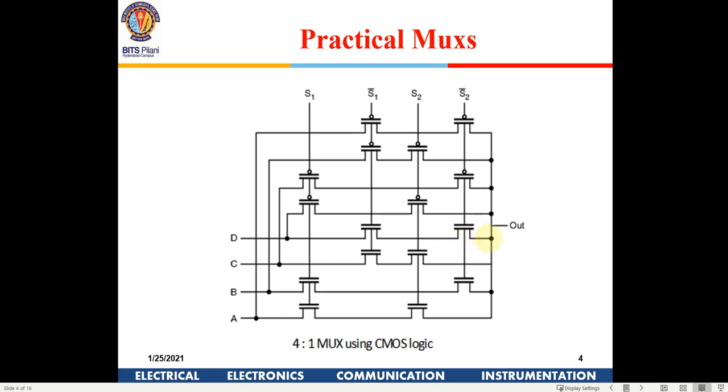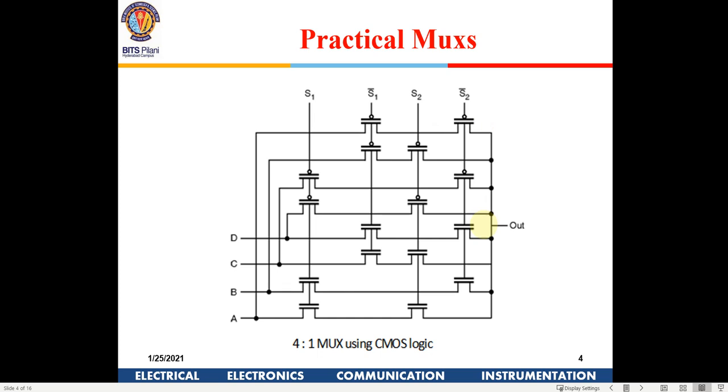If you see also, there is a parallel path out here for D, wherein from PMOS also, S1 is given here, and S2. If you see, where is S1 and S2 for D? I think this A is made here, and for A, if you see, it is S1 and S2 for A. Now if I take this A line above here, S1 bar and S2 bar is given here for the PMOS.